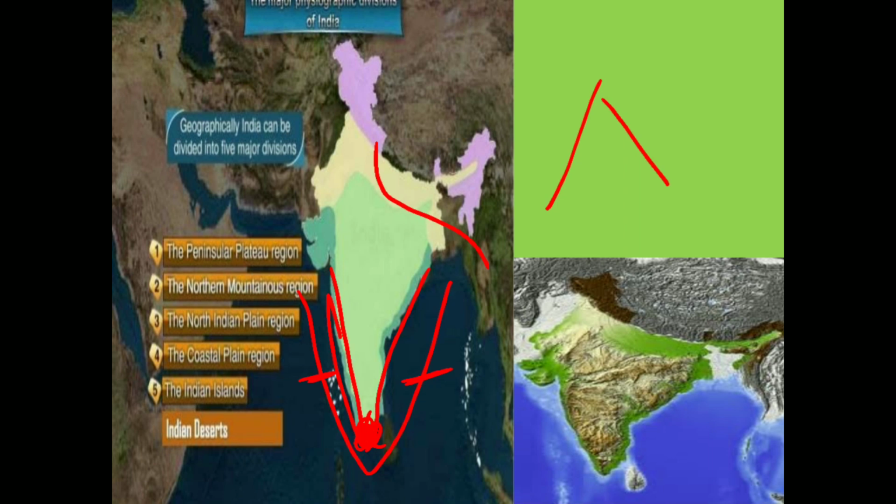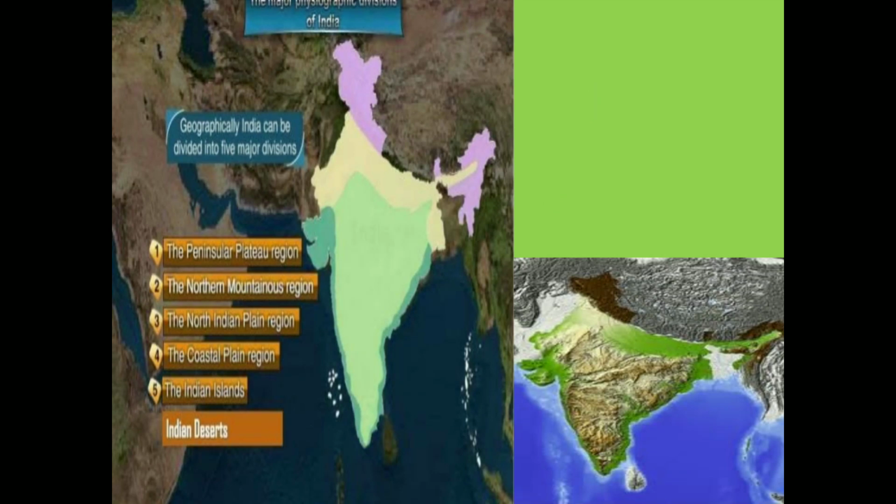Now there are some important rivers that flow throughout the year. These are the perennial rivers, which means the water flows in them throughout the year. Those rivers are Narmada, Tapi, Godavari, Krishna, Kaveri.